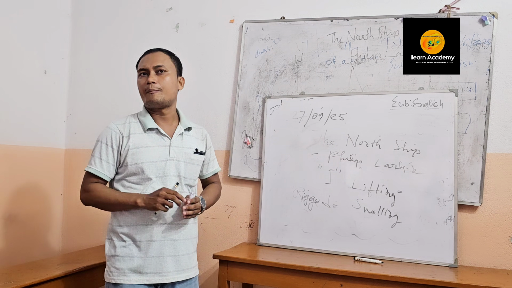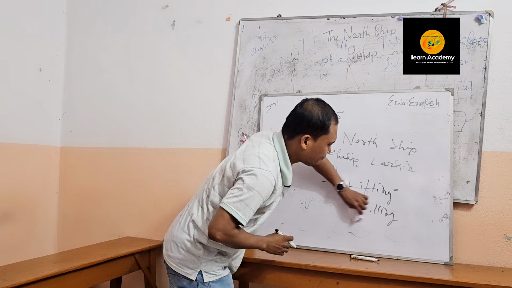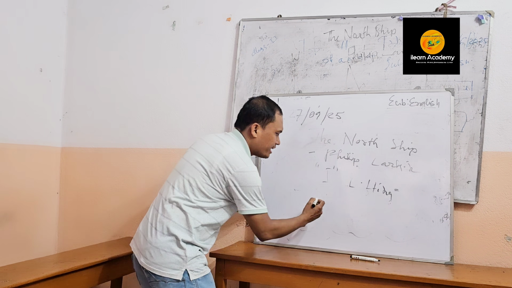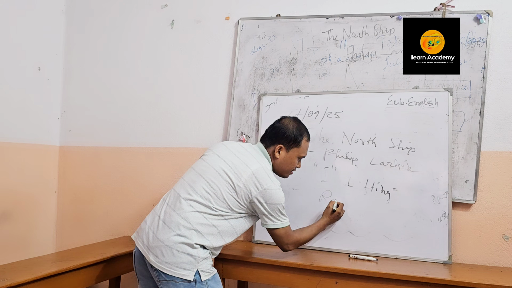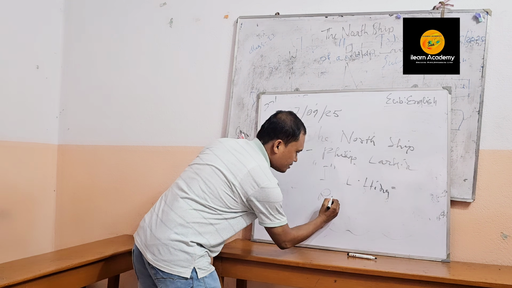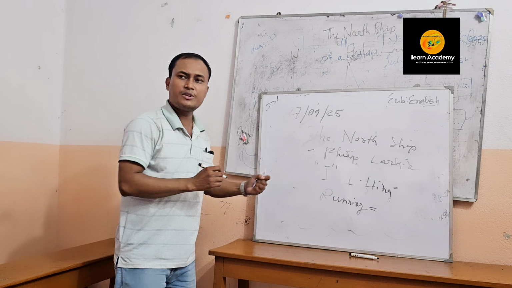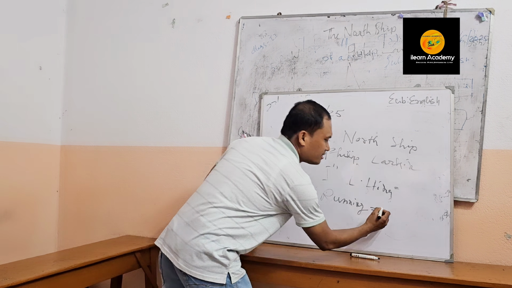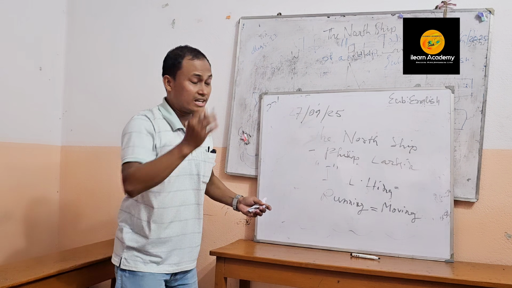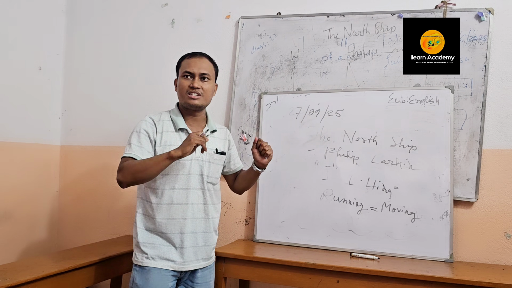And how was the sea here according to the second line of the poem? It's running sea. So what does it mean? Running means moving. Moving means everything was moving on the surface of the sea.